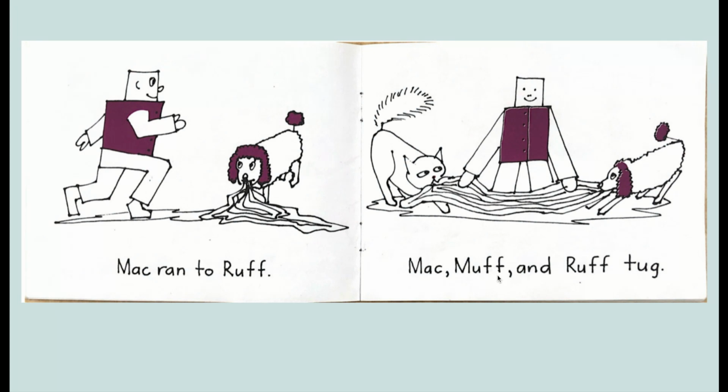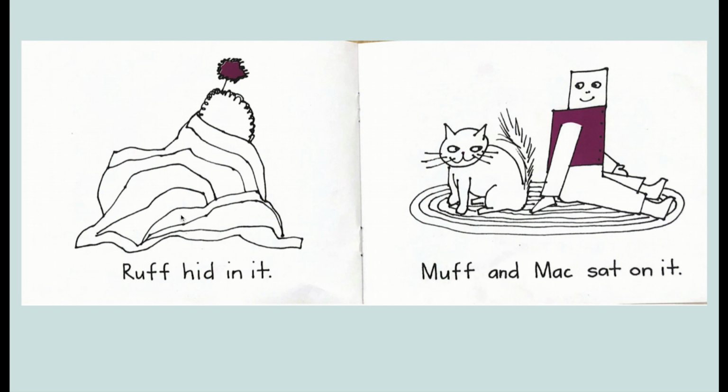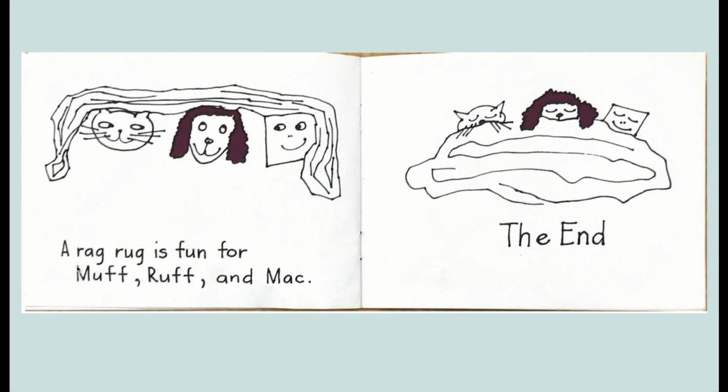Mac, Muff, and Rough tug. Rip it up, Rough. Nip at it, Muff. Rough hid in it. Muff and Mac sat on it. A rag rug is fun for Muff, Rough, and Mac. The end. And that's the end of today's lesson.